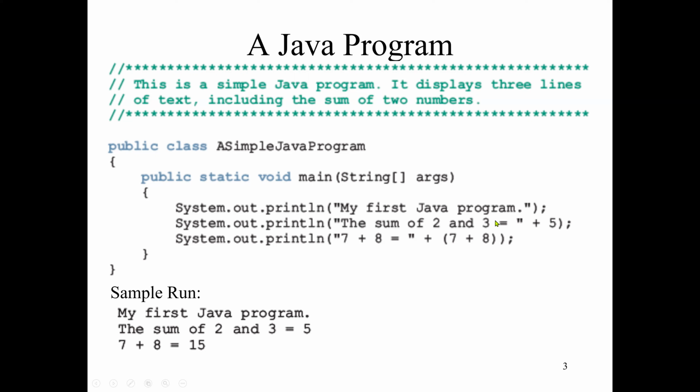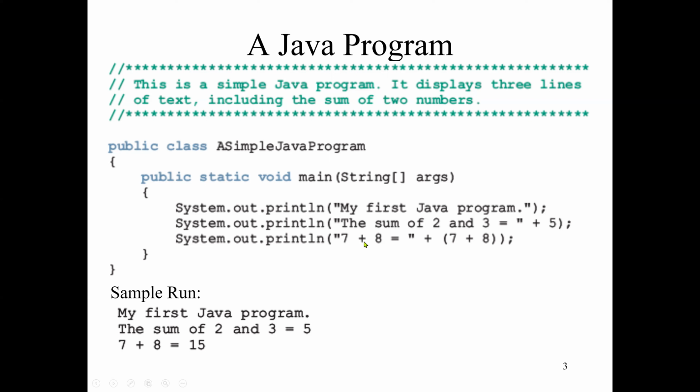Then the second print statement will print in a second line because with println, the cursor moves to the next line. So here we have plus here. This plus is working as a join operator, to concatenate. So here we are going to have the sum of 2 and 3 equal to 5. So we use the plus to join.